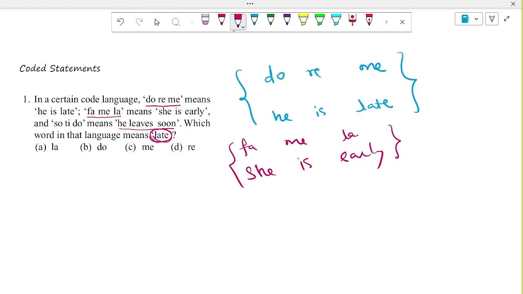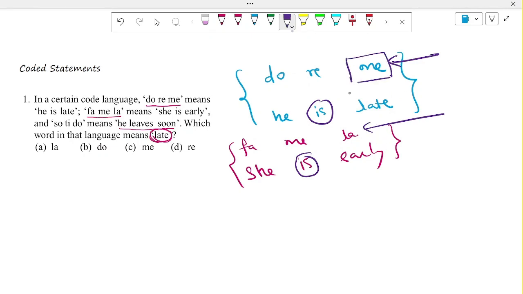This is the second one. Just try to see. I have got is here and here, both. So just identify, is there any word which is common in both of these codes? You can observe that mi is here. So now I have understood that mi corresponds to is. Right. This is the first thing.